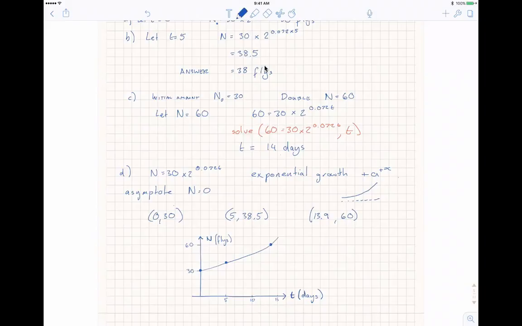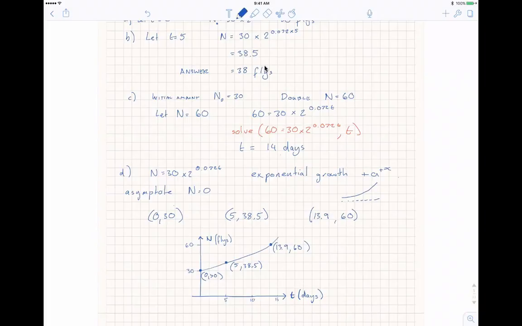So if we put those 3 points onto a Cartesian plane, so we have the point 0, 30, the point 5, 38.5, and the point 13.9, 60, then we can quickly see that exponential growth shape and just draw a line straight through.